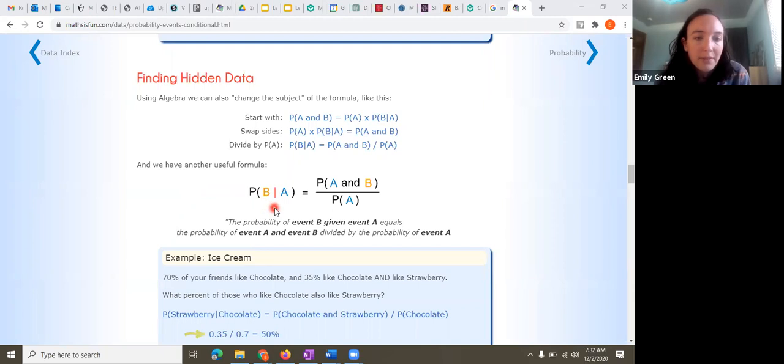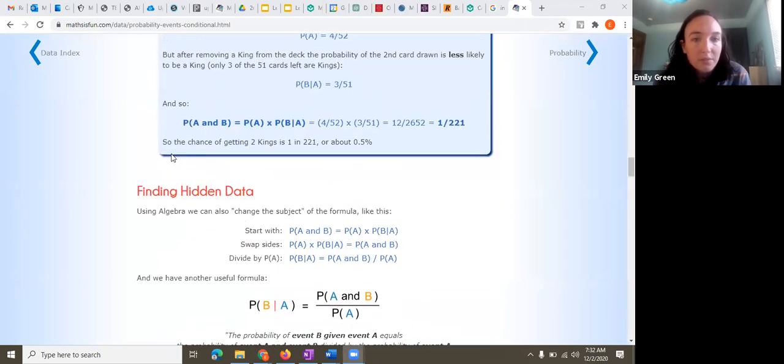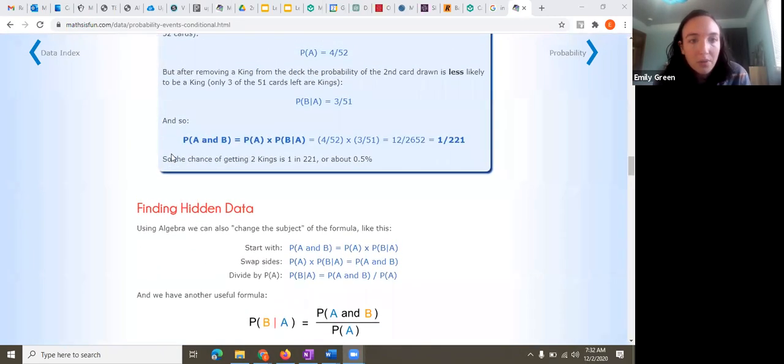So the probability of event B given A equals the probability of A and B divided by the probability of A. We can actually check that this works, right? We can do it using the probabilities that we saw above. I'm going to scroll up a little bit so we can see both.